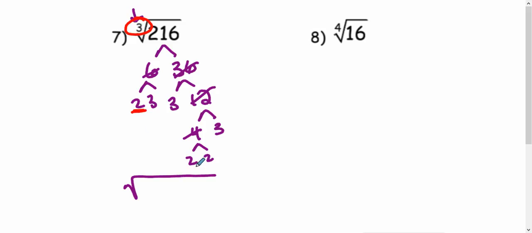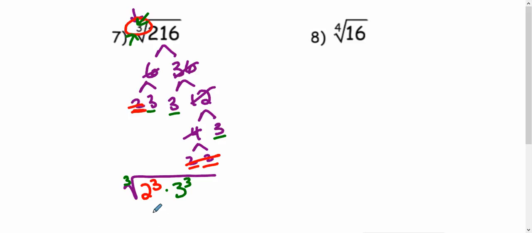So here's 1, 2, and 3. Perfect. Those are gone. Do I have anything left? Yeah, I still have these 3's. How would I write those with an exponent? 3 to the third power. Again, that's what we're looking for and trying to create because of that index, which, by the way, we need to put in the hook of our radical.